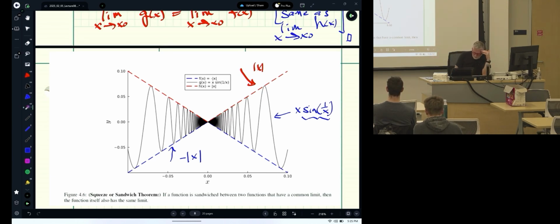And then you take the limit as x goes to 0 of these two functions, they're 0. And because they squeeze or sandwich x sine of 1 over x, you get the limit of x sine 1 over x, okay? So that's the sandwich theorem or the squeeze theorem.